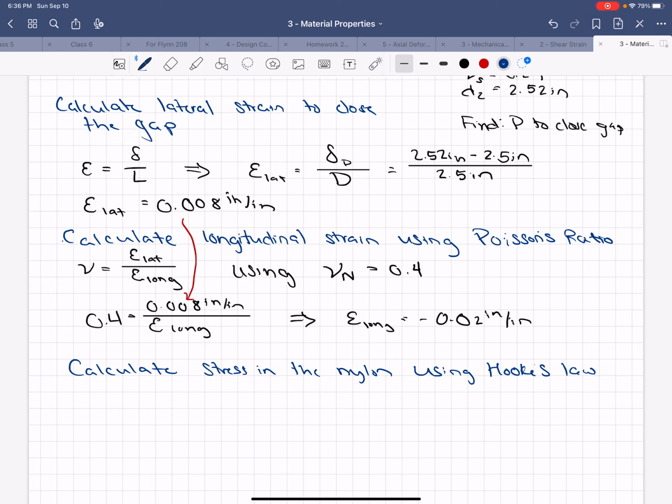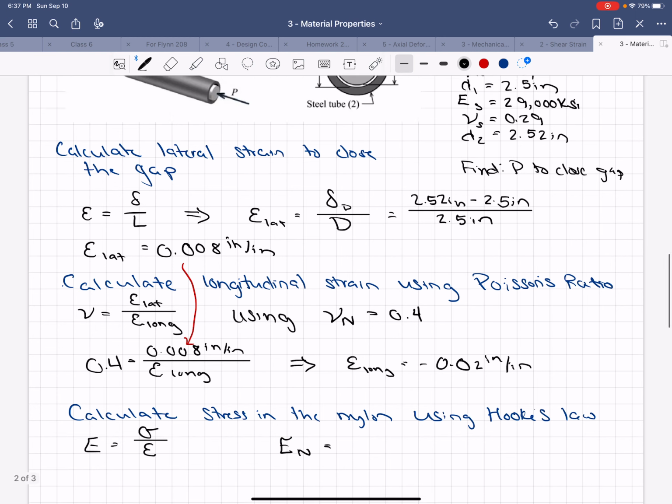Okay, so Hooke's law is E equals stress over strain. We're looking in the longitudinal direction, and we're looking at the nylon.